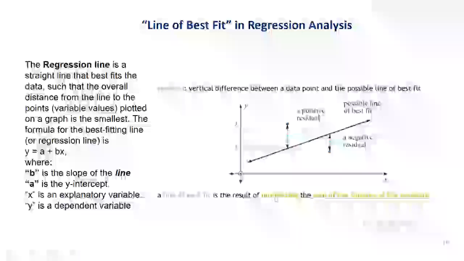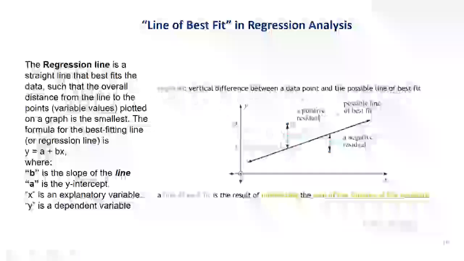The line of best fit is the result of minimizing the sum of the squares of the residuals. Also go with the definition that the vertical differences between the data points and the possible line of best fit are your residuals.